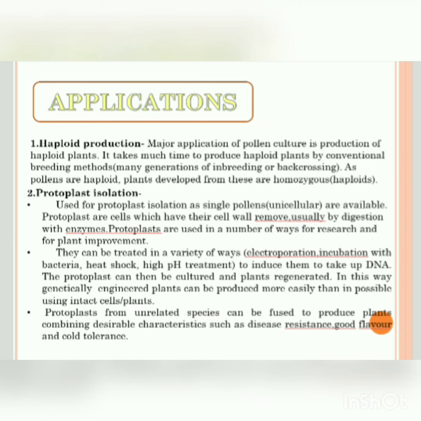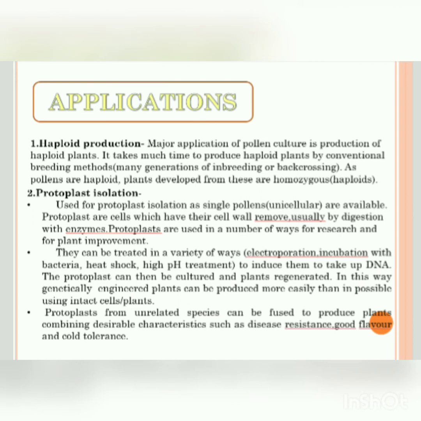As pollens are haploid, the plants developed from pollen culture and anther culture techniques can be used in place of the conventional breeding method, so that we can save our time, and the plants developed from this will be homozygous or haploids. Understood? Then the second is protoplast isolation.